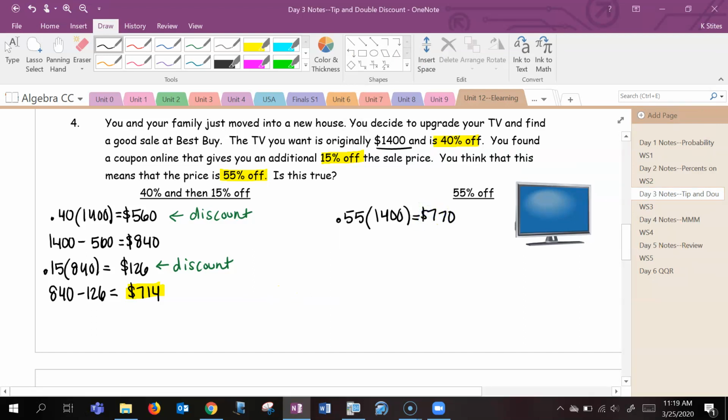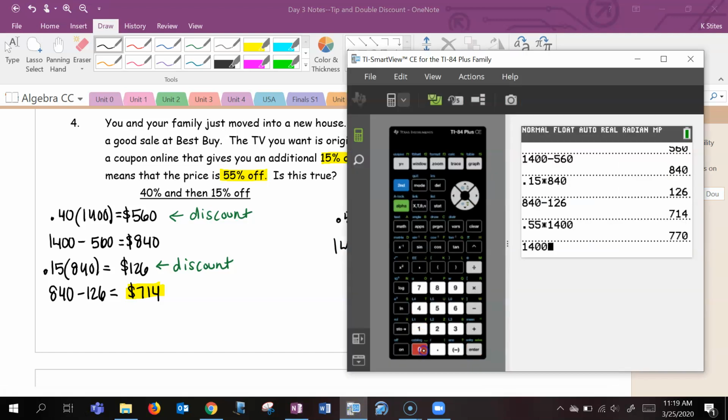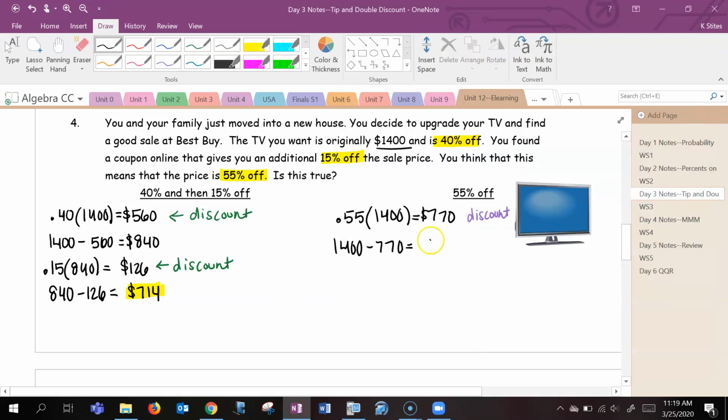Okay, and again, that's not the price of the TV, that's the discount. That's how much money is being taken off. So now we'll need to subtract 1,400 minus 770. Is $630. Well, that's weird because that is not the same as what we got before, right?